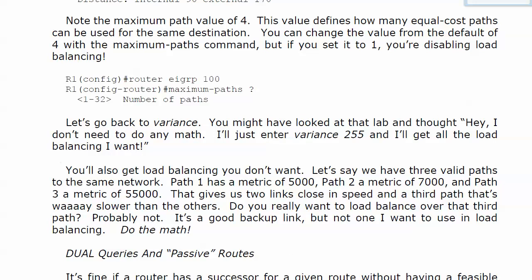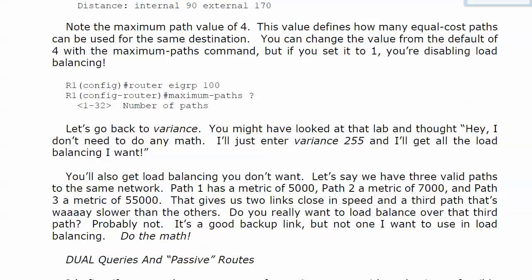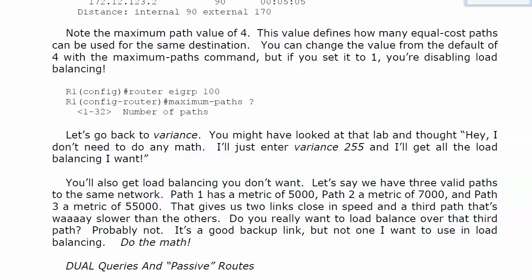Now, I want to go back to variance for a moment, because I know at least one of you was thinking of this, because I know I was thinking of it back in the day when I was studying for my CCNA. You bump into the variance command, and anyone who has ever taken a course with me knows that I'm not scared of math. But you are thinking, well, wait a minute, why do I have to figure out any route metrics? Why do I even have to look at it?